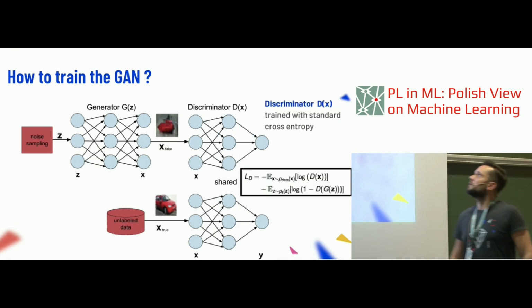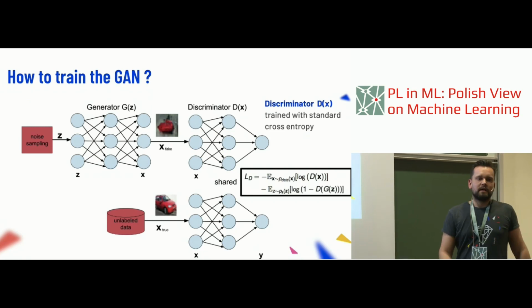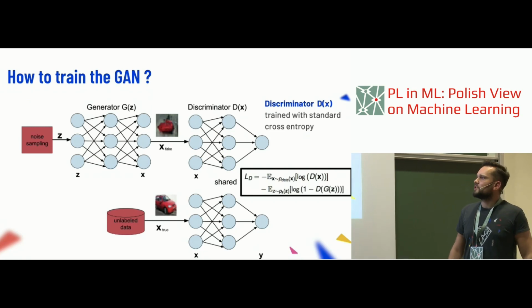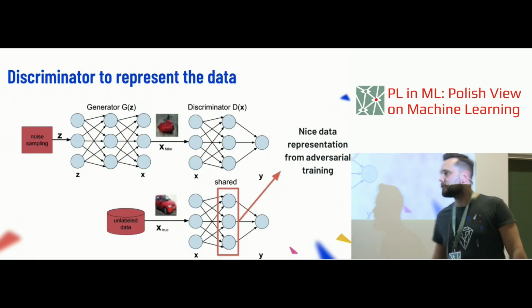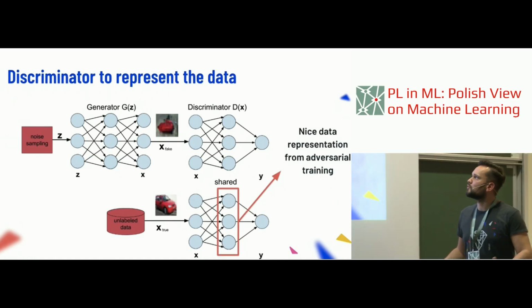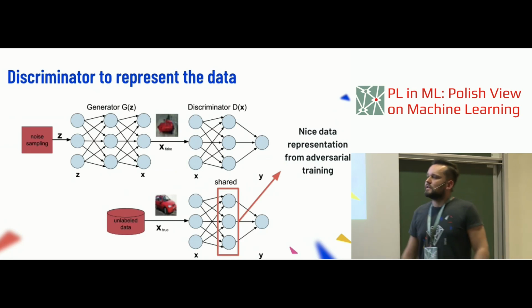And for the discriminator part of training, we are using the traditional cross entropy to train the discriminator. However, it was proven before that with these loss settings, we are capable of training a good representation of our images that is stored in the last layer of the discriminator.